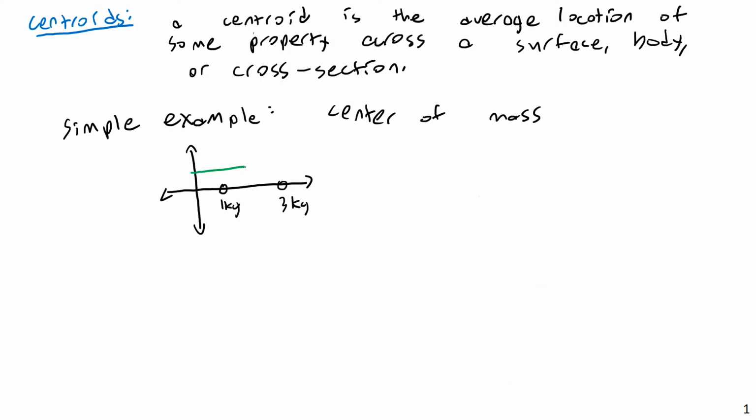Let's say from the y-axis to the 1 kilogram mass is, well, I don't want to use 1 meter, that's redundant, so maybe 2 meters and 4 meters. Actually, that looks more than twice the distance, maybe 6 meters here.